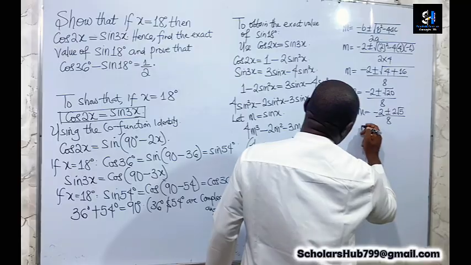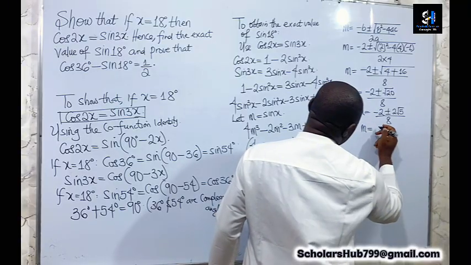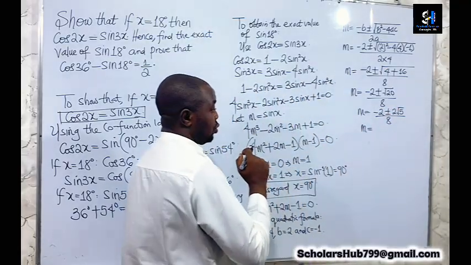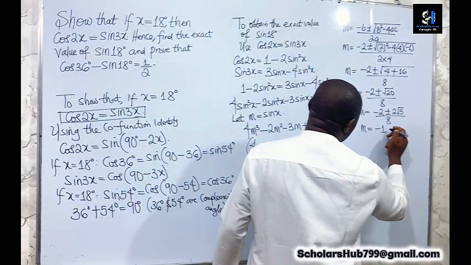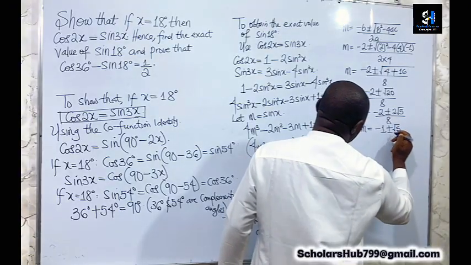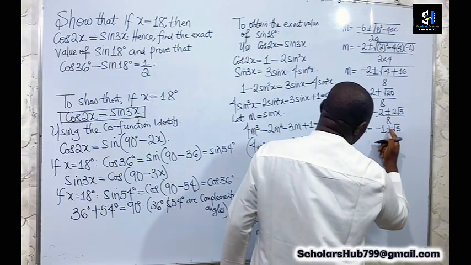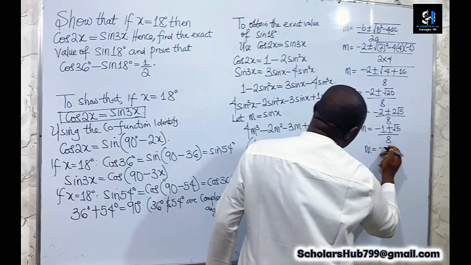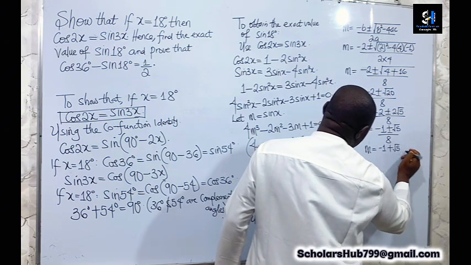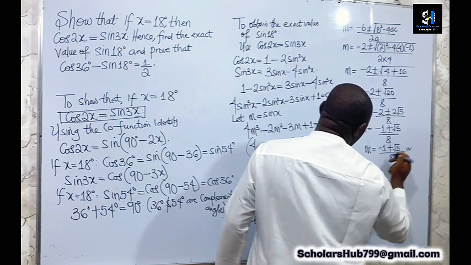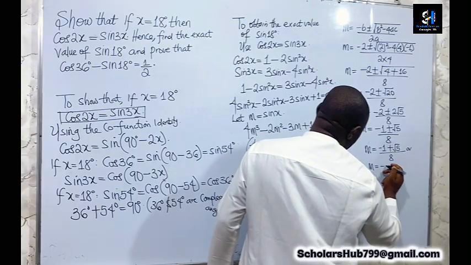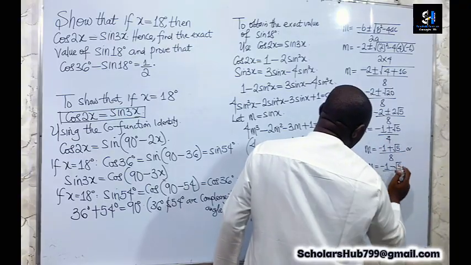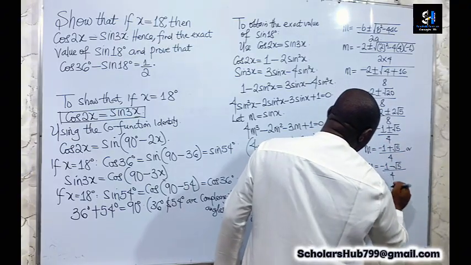If we divide the numerator and denominator by 2, we have minus 1 plus or minus root 5 over 4. So m is equal to minus 1 plus root 5 over 4, or m is equal to minus 1 minus root 5 over 4. Beg your pardon, this is over 4.